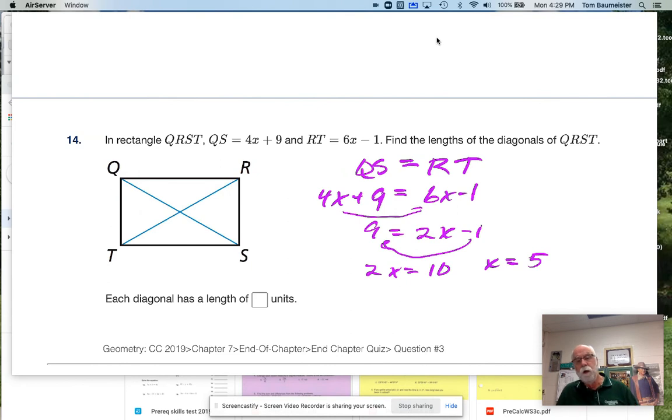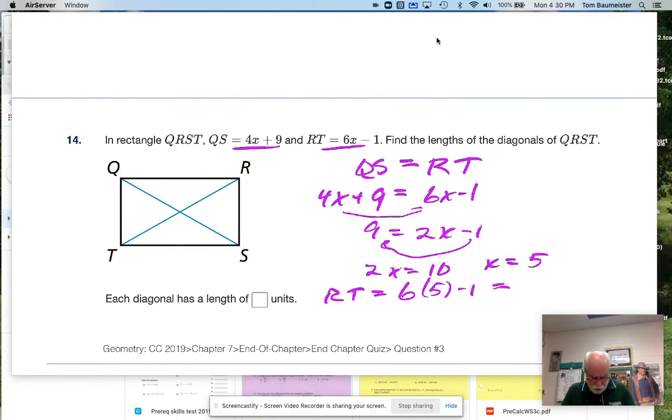Now be careful. Here's where I keep telling you, you've got to read it every once in a while. They didn't ask us that. They asked us what the length of the diagonal is. So we have to plug it in there. All right? So if we plug it in there or there, it doesn't matter which one. I'll show you on both of them. Because RT is equal to 6x minus 1, and we just said x was 5, so 6 times 5 minus 1.